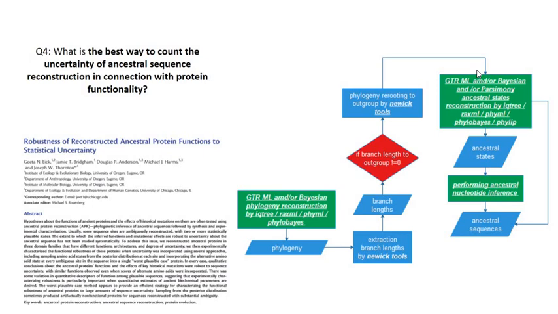In order to do so, we implemented phylogenetic tree reconstruction and ancestral states reconstruction by three alternative approaches: maximum likelihood, Bayesian phylogenetic reconstruction, and parsimony.